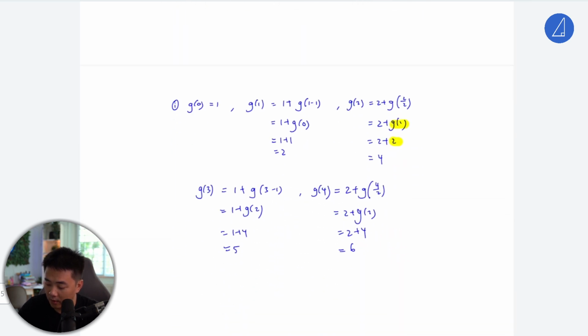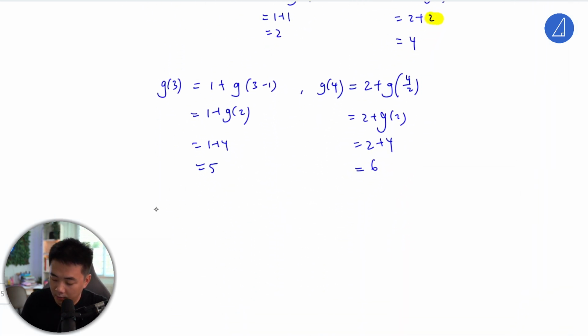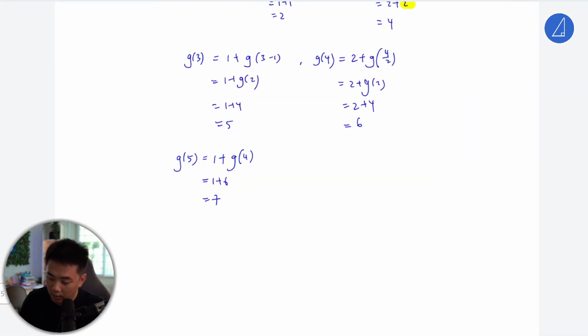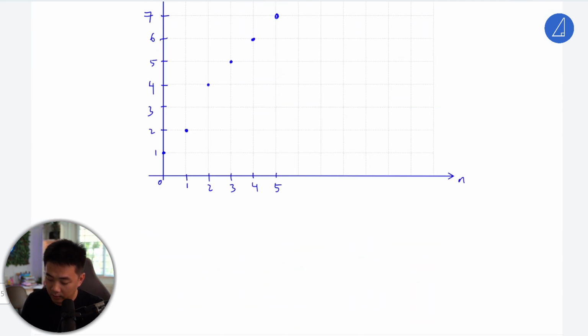There you go. So we want to find g4, g7 and g12. I could go to g7 first, or I could try g5. g5 can quickly be found from g4, so that will be 1 plus 6, which is 7. I'll also quickly do g6. g6 will be 2 plus g3, and I worked out g6 to be 7.